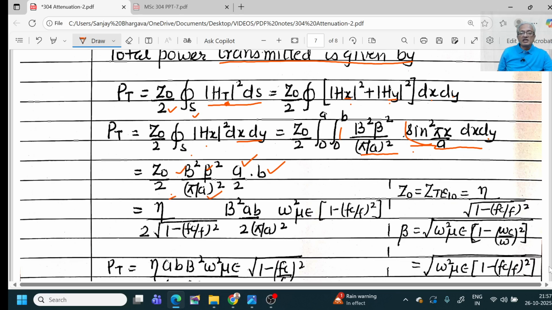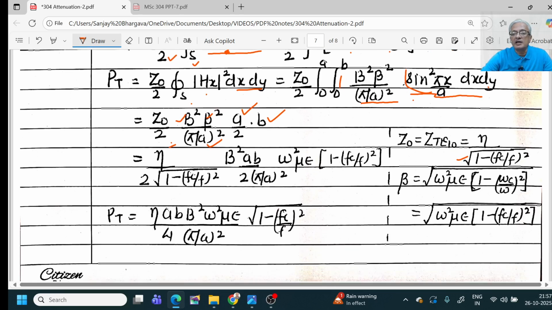Now what is Z0? Z0 is Z TE10, which is eta upon under root of 1 minus (fc by f) whole squared. Beta squared can be written as omega squared mu epsilon into 1 minus (omega c by omega) whole squared, which can be written as 1 minus (fc by f) whole squared.